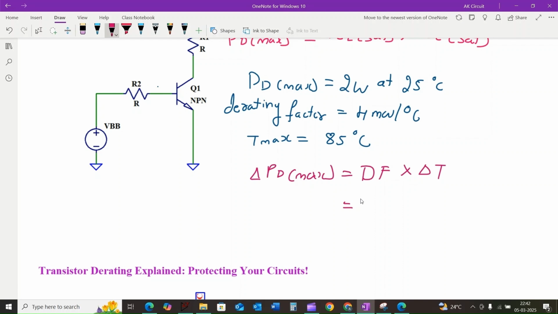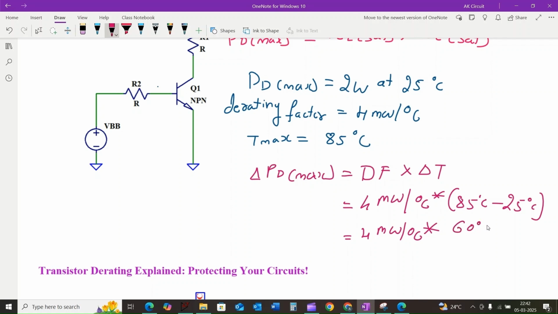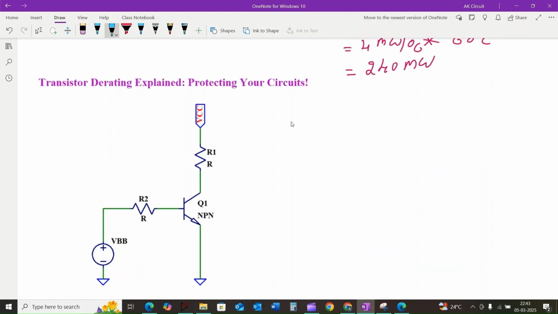In our case, the derating factor is 4 milliwatt per degree centigrade times 85 degree centigrade minus 25 degree centigrade, which is equal to 4 milliwatt per degree centigrade times 60 degree Celsius, which will give us 240 milliwatt.